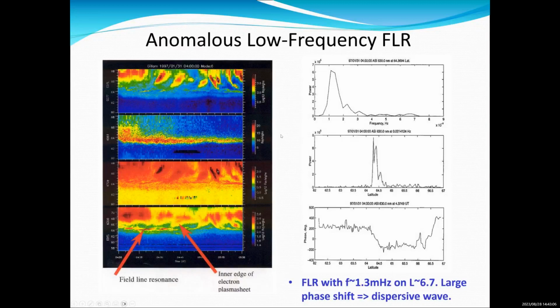What I want to point out is that for L of 6.7, this low frequency is problematic because the magnetic field is strong. To get that frequency, if the field is dipolar, one needs much higher densities in the field line than one would expect. Another interesting aspect is how the phase varies with latitude across this resonance.